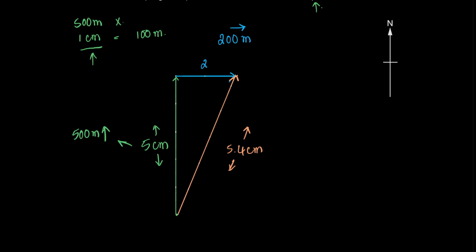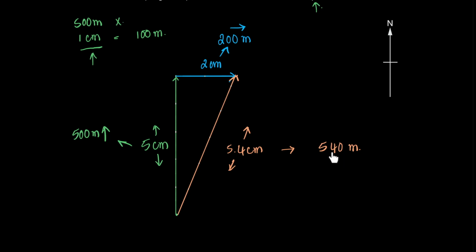And that's 2 centimeters, and that represents 200 meters. So 5.4 centimeters means how much did the object get displaced? Well, the difference is of 100. So that'll lead to 540 meters of displacement.